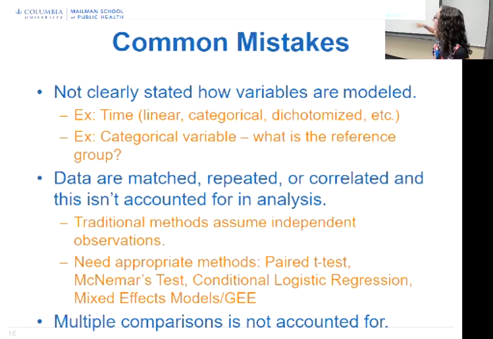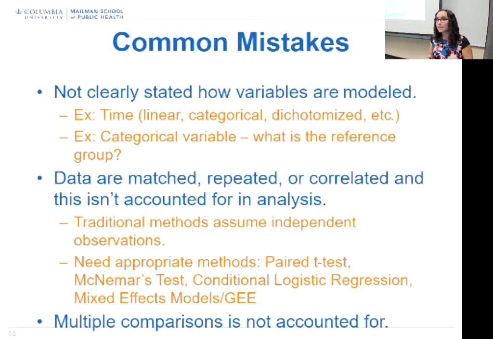Another really common mistake is that often we have data that are matched, repeated, or correlated. So we have before-after data, we have data collected over time. So let's say every month we collect data on the same person. We can't analyze this data using those traditional methods that I presented in that table. All of those methods, so linear regression, logistic regression, t-tests, they all assume that we have independent observations.